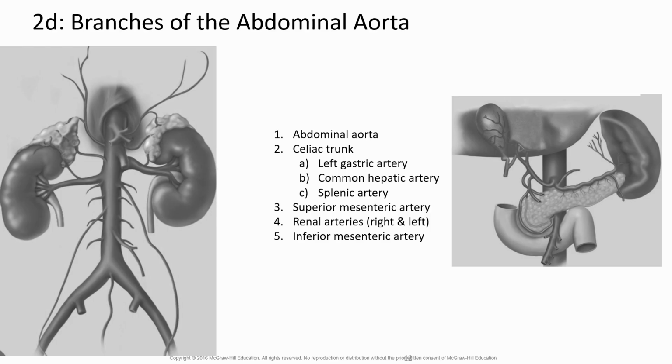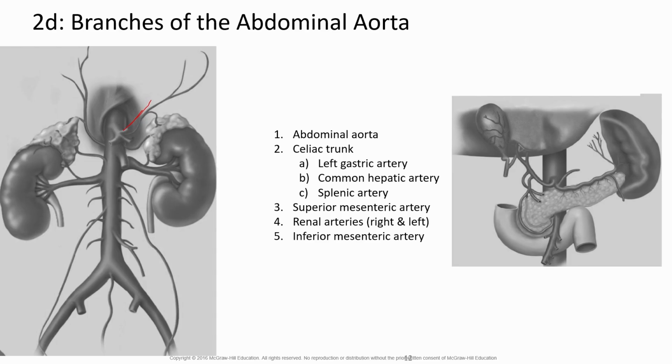So again, let's look at those. The left gastric artery goes partly to the stomach and partly to the esophagus. It's this one that kind of branches up. So that one right here.